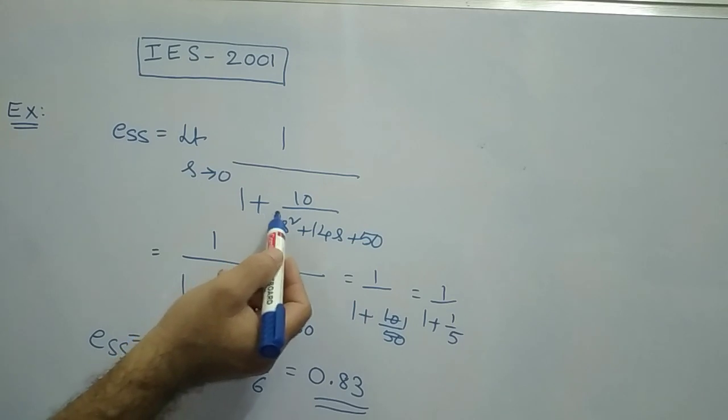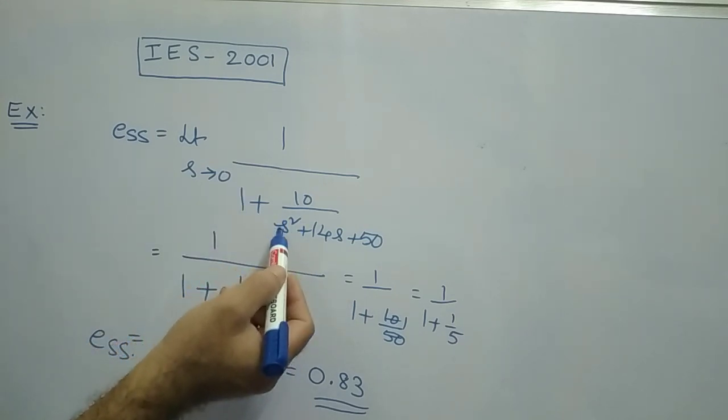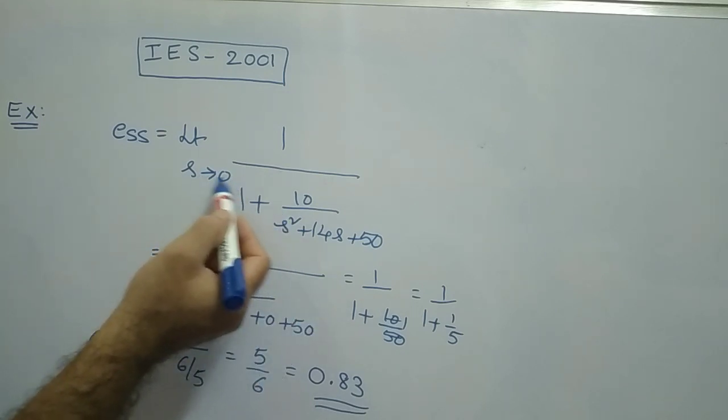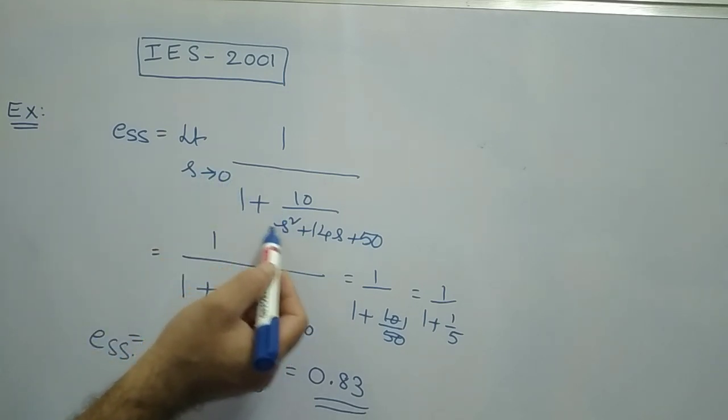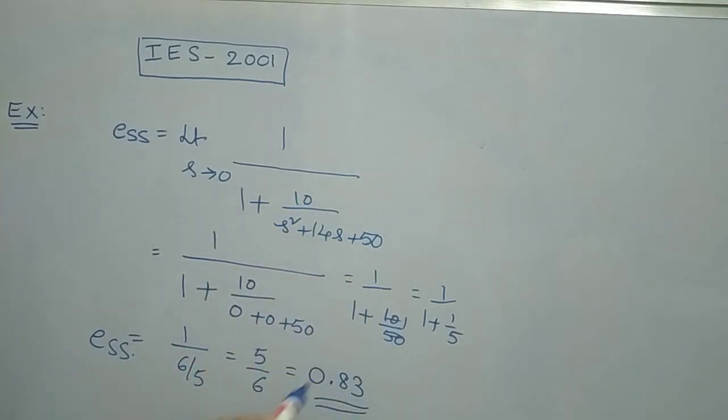Limit s tends to 0 means wherever s is there, you substitute s value as 0. Therefore 0, 0. Then 10 by 50 will be there. Finally, you do the calculation and you will get this answer, 0.83. That is another beautiful example on steady state error.